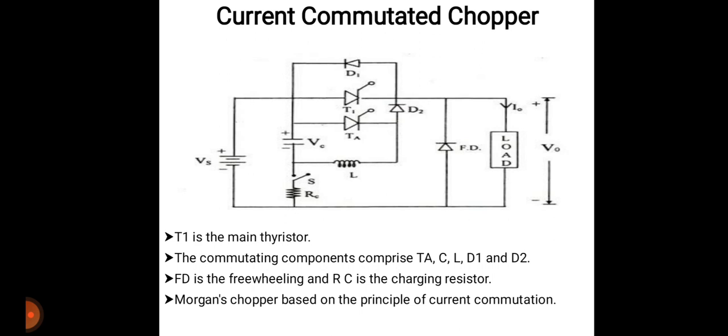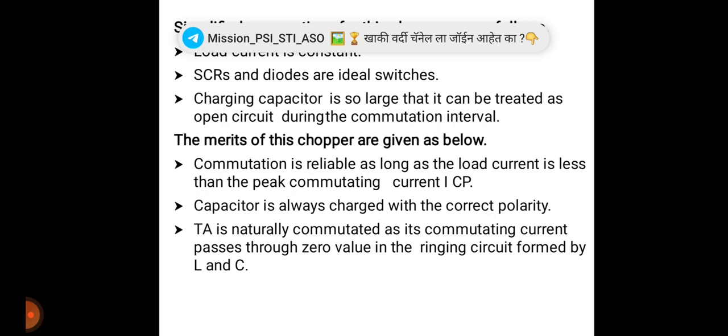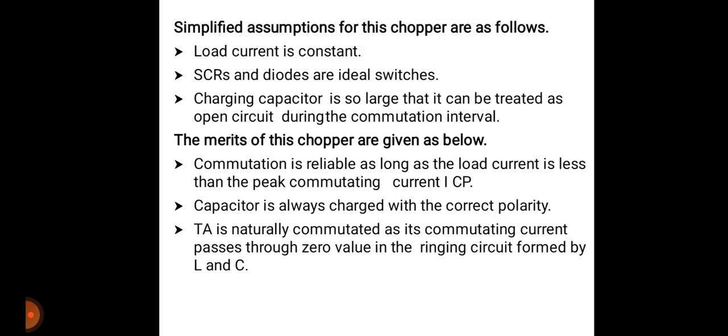Therefore, first of all, capacitor C is charged to a voltage Vs so that the energy for the commutation process is available. Capacitor C is charged through source Vs and the charging resistor Rc to a voltage Vs.